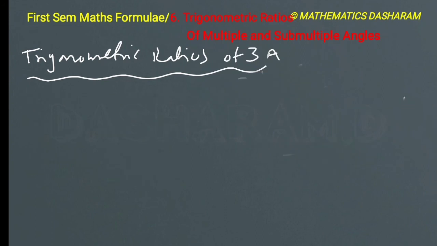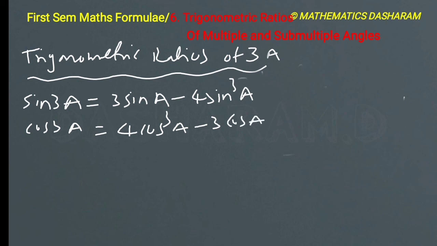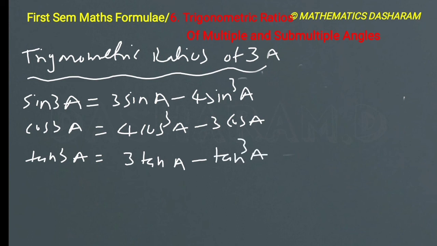Next, trigonometric ratios of 3A. First one is sin 3A equals 3 sin A minus 4 sin cube A. Next, cos 3A equals 4 cos cube A minus 3 cos A. Next, tan 3A equals (3 tan A minus tan cube A) divided by (1 minus 3 tan square A).